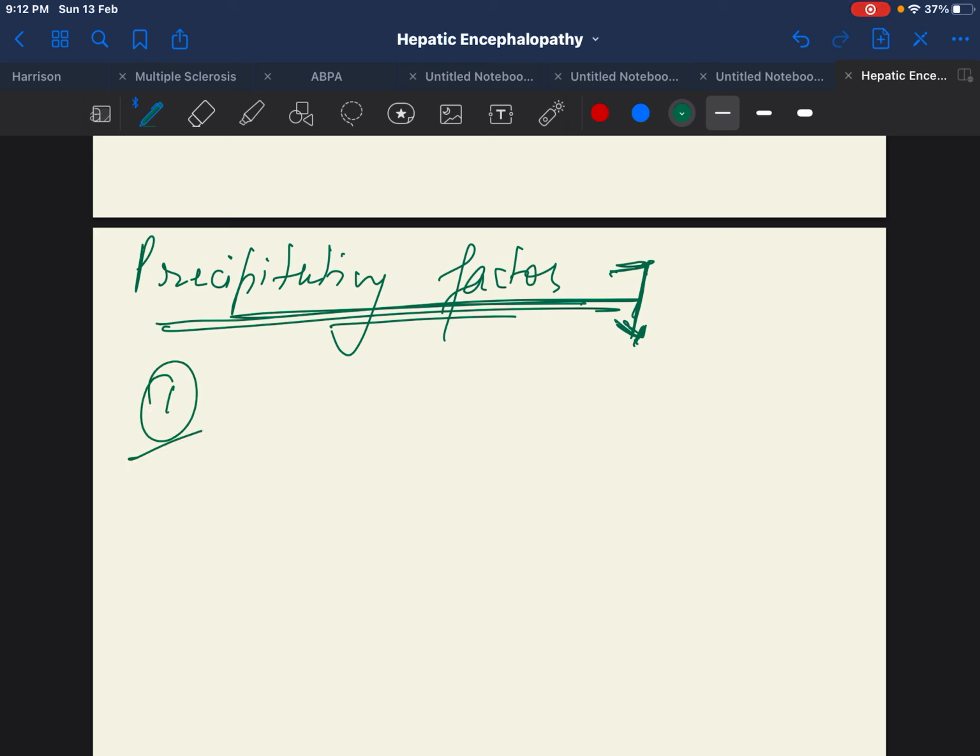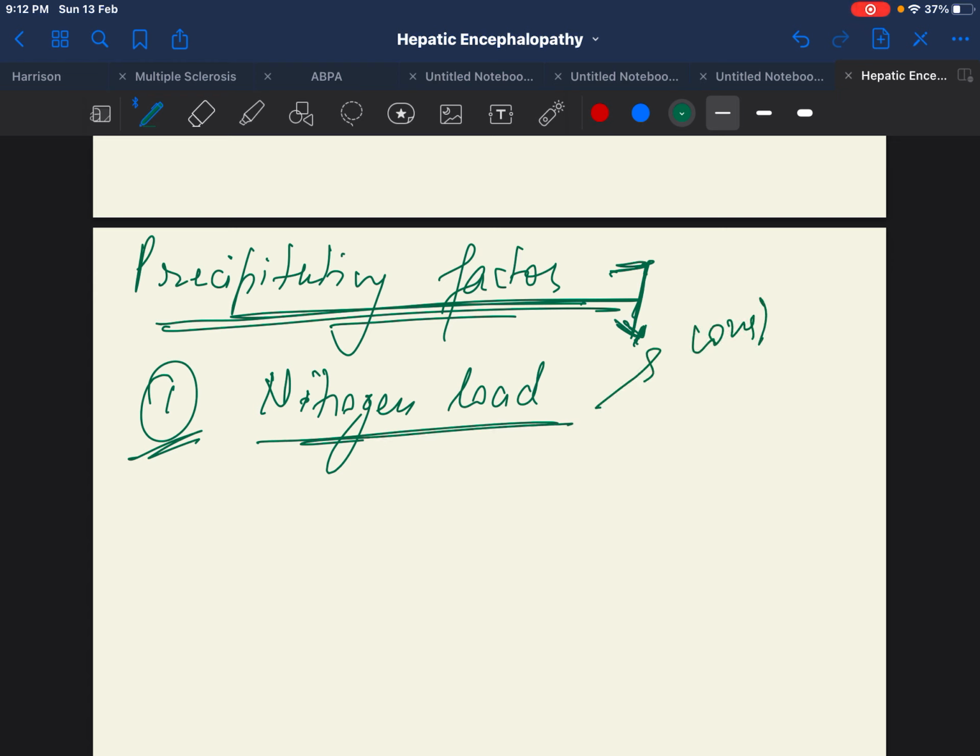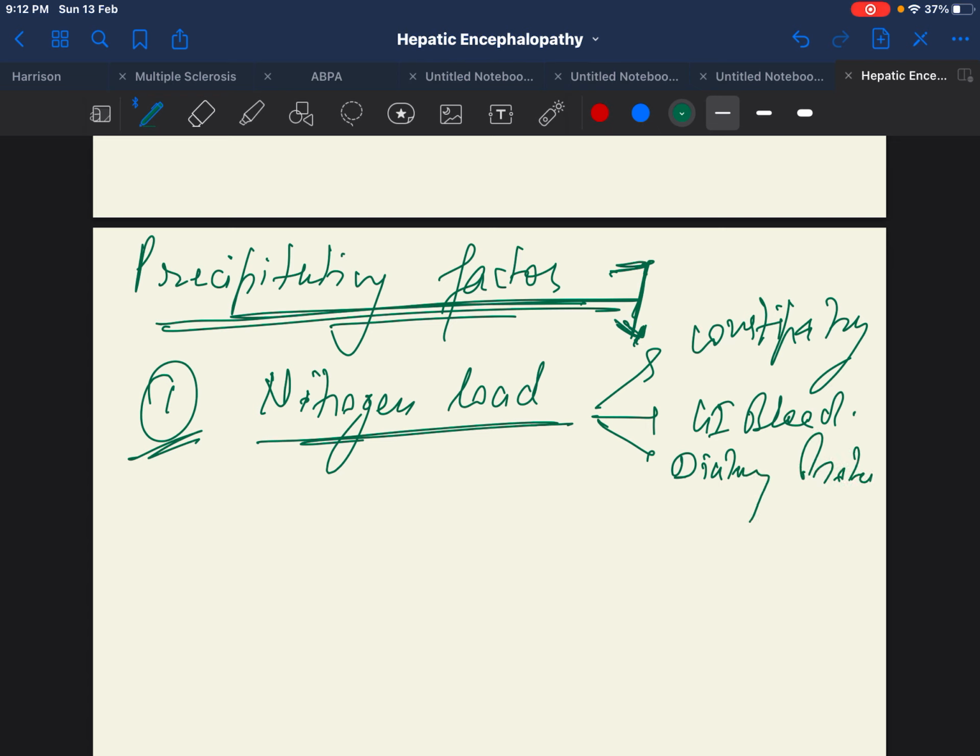First and foremost is increased nitrogen load. What are the conditions which can increase the nitrogen load? One is constipation, and GI bleed also leads to an increase in the nitrogen load, and dietary proteins, and azotemia.